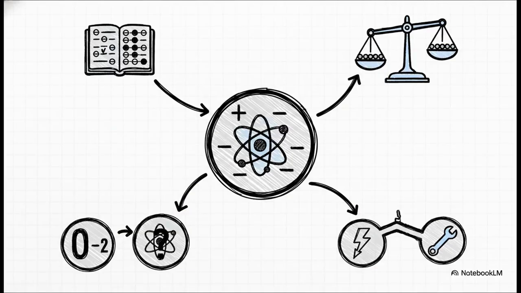Okay, let's recap the big stuff. Just remember, oxidation numbers are simply a bookkeeping system for electrons, nothing more. The total for any neutral compound has to be 0. Always start with the ones you know, your givens like oxygen and hydrogen, to solve for the ones you don't. And most importantly, choose your tool for the job. The quick reverse swap for simple ionic stuff and the reliable algebra method for everything else.